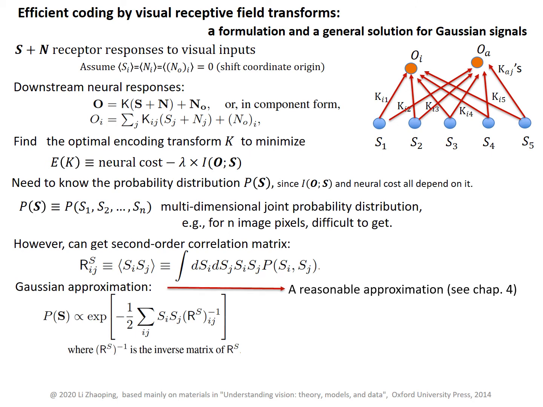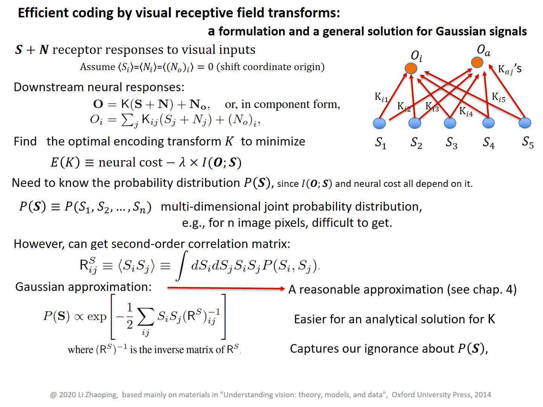We will later show that this Gaussian approximation is not bad. It quite reasonably describes the statistics of natural inputs in many situations. Also, the Gaussian approximation makes it easier for us to get an analytical solution for the K matrix later.